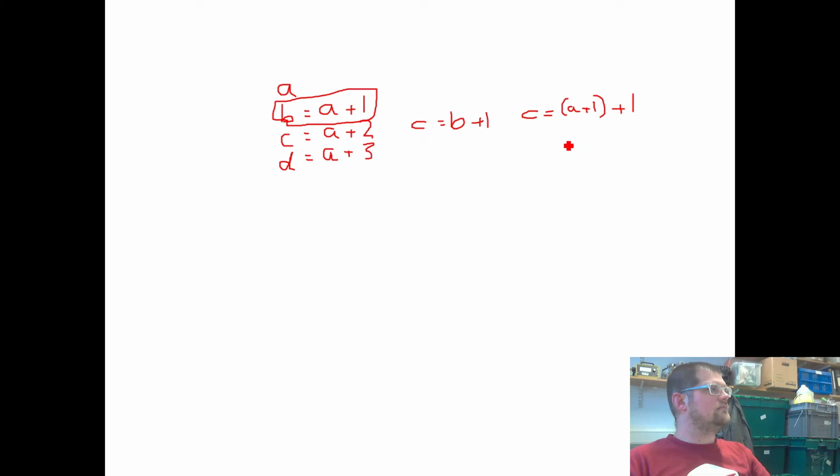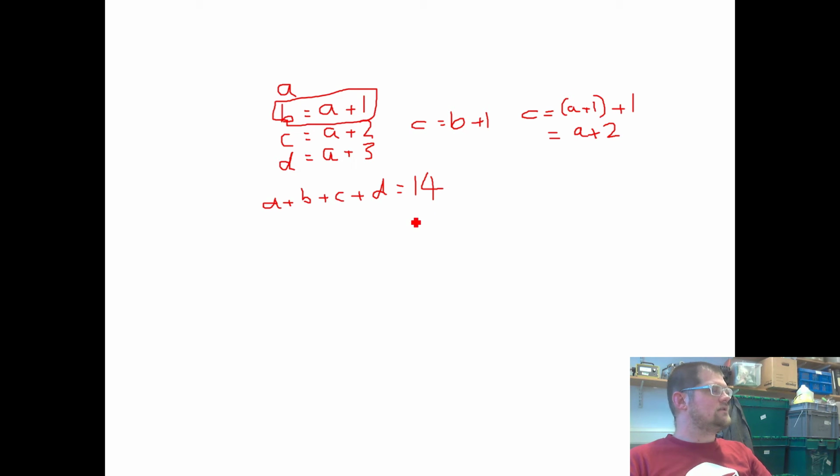Okay, and that then simplifies out to A plus 2. And then the other piece of information I have is A plus B plus C plus D equals, what was it, 14.